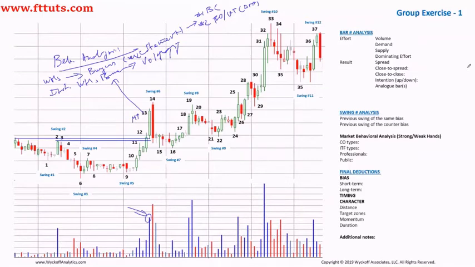Okay, so really quickly, switch hats, and let's think about how the strong hands see this situation. So strong hands see the following picture. They are seeing a short-term overbought condition, and they're seeing that weak hands provide a lot of liquidity.